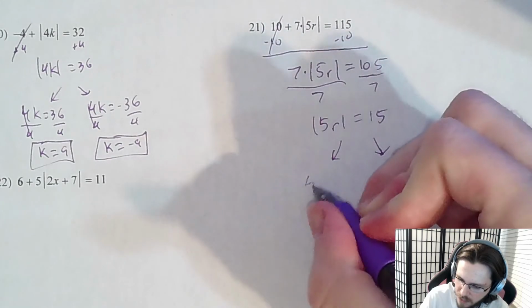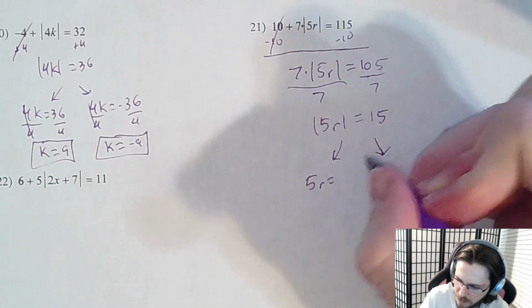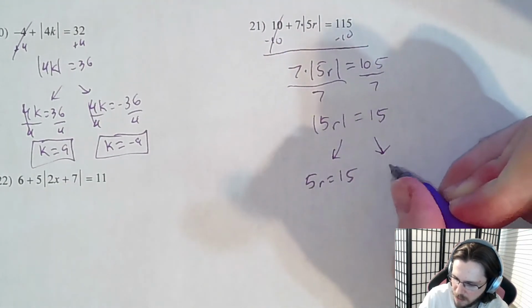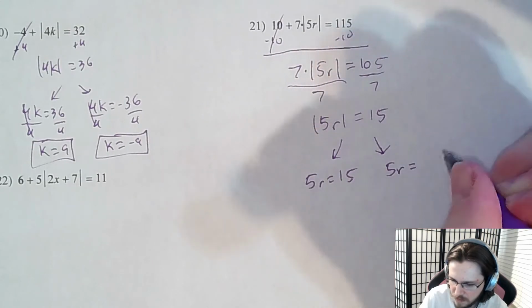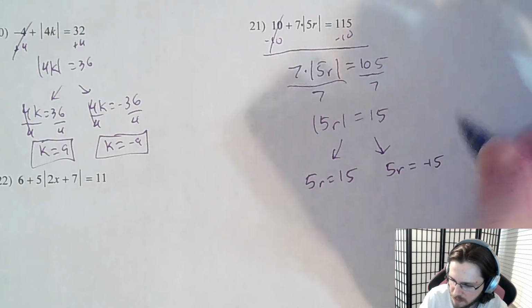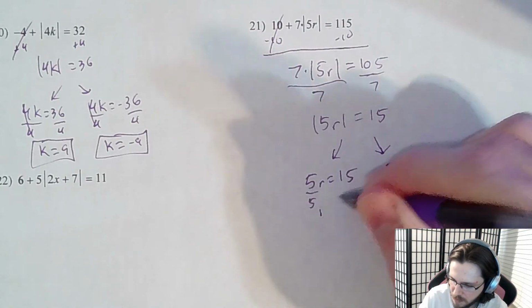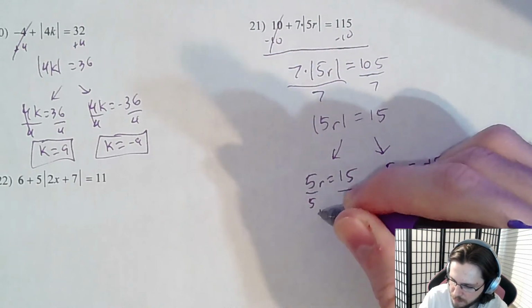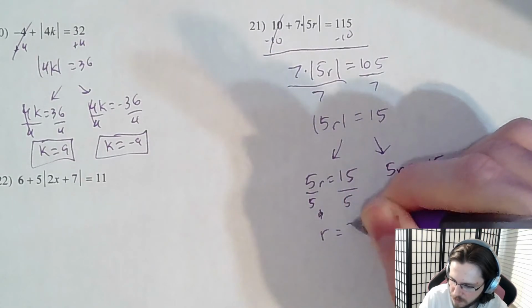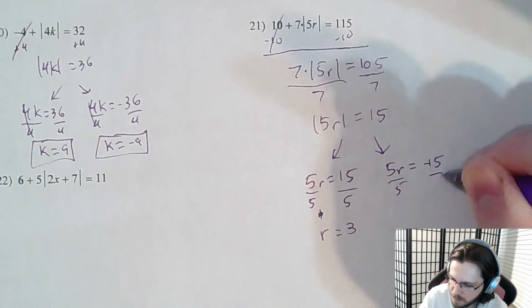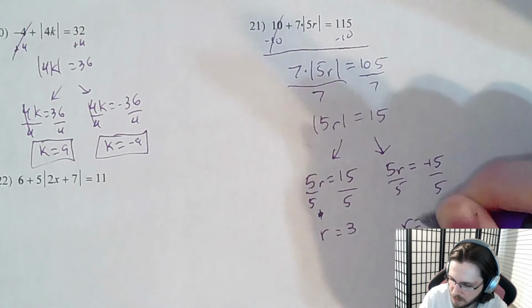And we got 5r equals 15, and 5r equals -15. I guess it is a positive and negative, the same number on this question. Number 22, it won't be. R equals 3. Divide both sides by 5, and you get r equals -3.